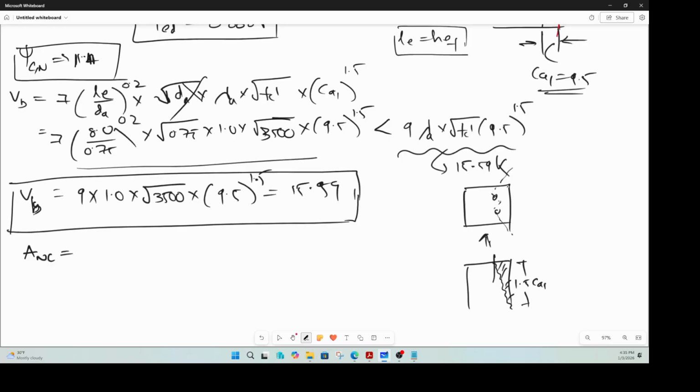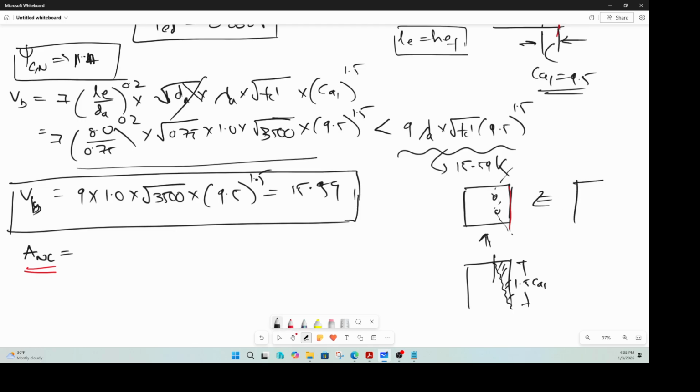The projected area onto this face, AVC, is the projected area. If you look at the definition, it is the projected area of the shear failure plane, right? So when you project it onto that area, look at it from this view, it is cutting the entire width, right? The entire width, but how deep? 1.5 times CA1 deep, okay?